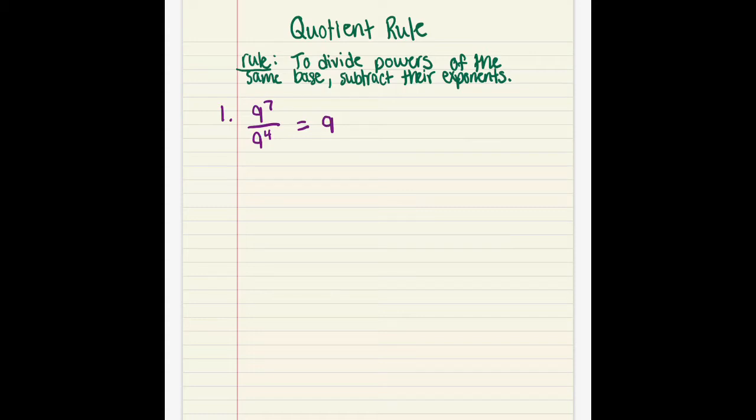So we're going to have one base 9, and then we are going to subtract the exponent from the numerator, which is 7, minus the exponent from the denominator, which is 4. So we have 9 to the 7 minus 4, which is 9 to the 3rd power.